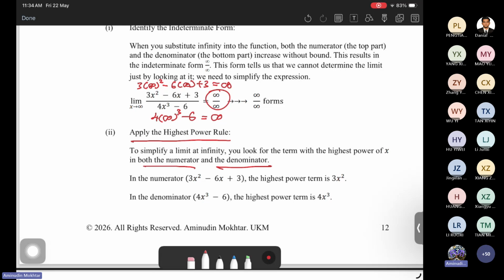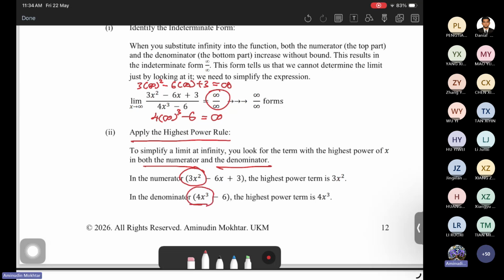In the numerator, we have 3x squared minus 6x plus 3. The highest power term is 3x squared. But in the denominator, the highest power term is 4x to the power of 3.